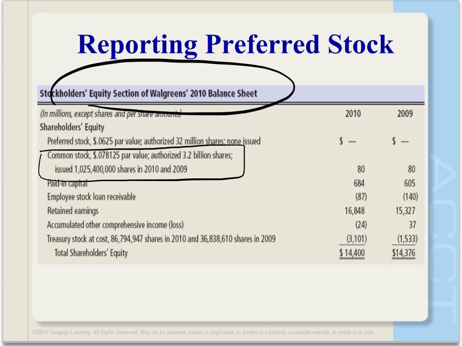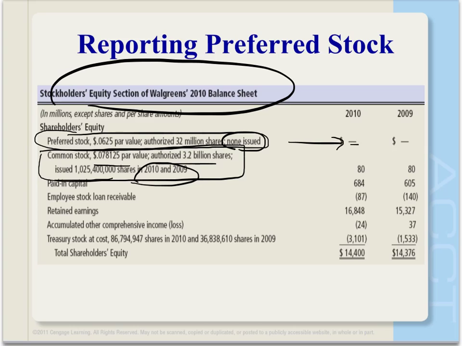When we talk about the par value, how many shares are authorized, how many are issued in these particular days, and right above common stock you would have the preferred stock. Here you see non-issued. If you look at a lot of companies, they have the ability to have preferred stock, but typically they do not issue any preferred stock.